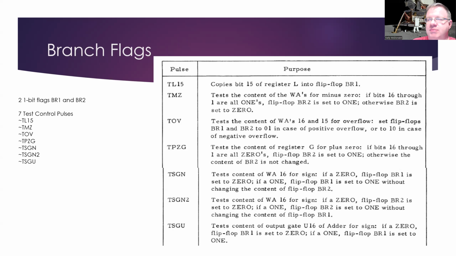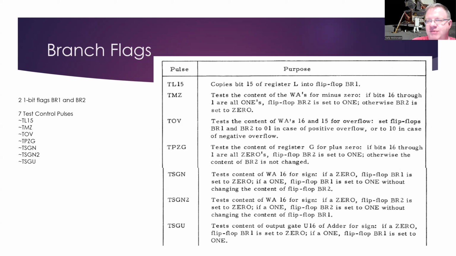Then there's a number of instructions that will check the contents of those flags. For example, if you check the negative flag, then do a certain action. If it's a positive number, do a different action. If we had an overflow, do one action versus a different action.